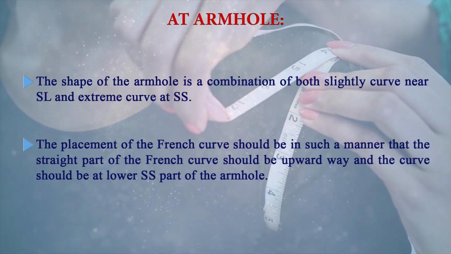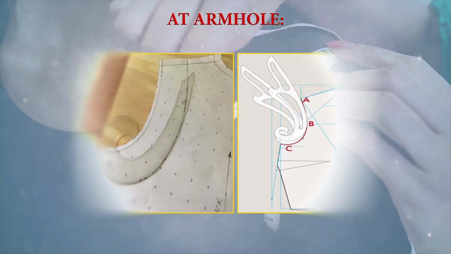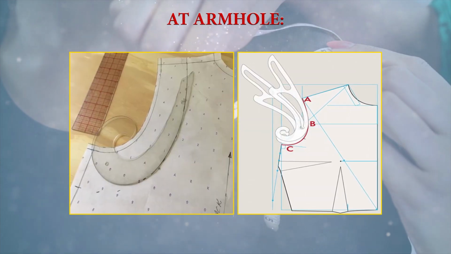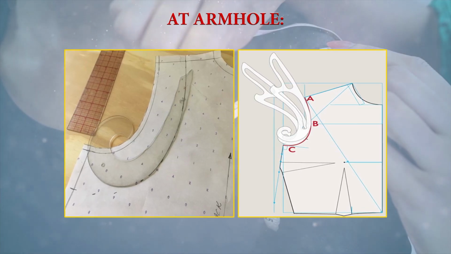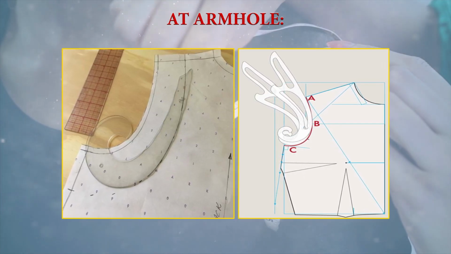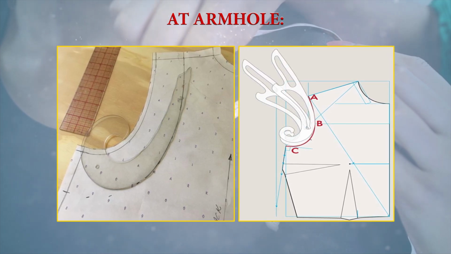So the placement of the French curve should be in such a manner that the straight part is upward and the curve is at the lower seam side part of the armhole. As you can see in the picture, in the neckline the curve part is there, but at the armhole you can see the extreme round part is put on the armhole, and then we make the round shape with that.